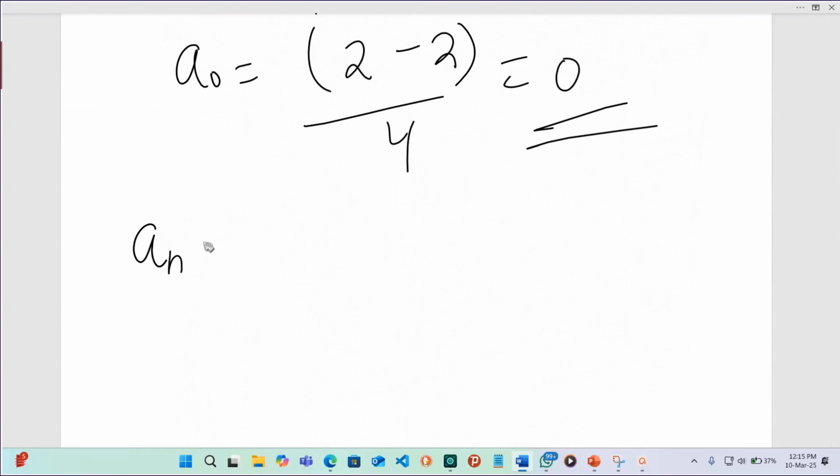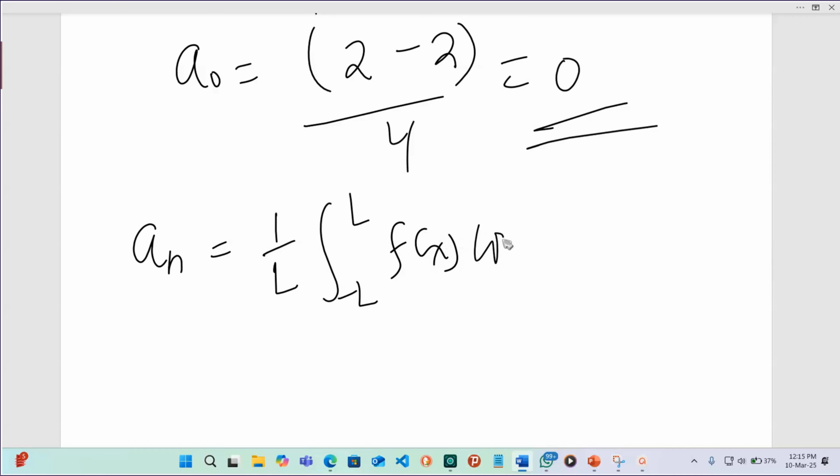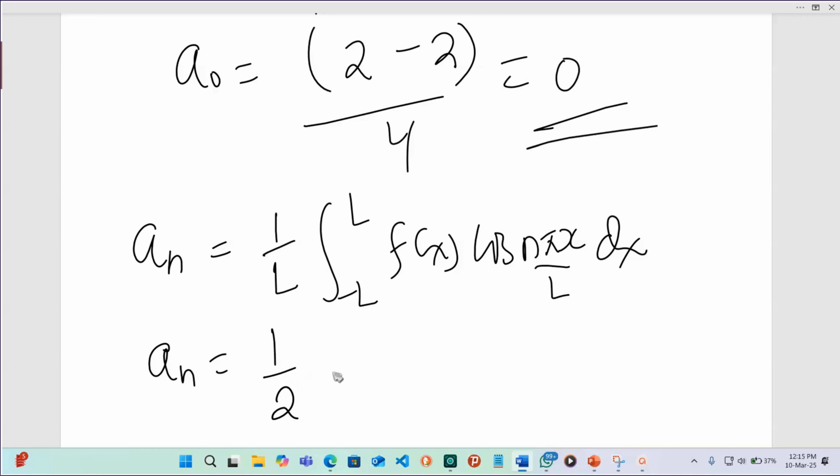Let's look for a sub n. A sub n is also going to be 1 over r, integrating from negative r to r, f of x cos n pi x over r with respect to x. So a sub n is equal to 1 over 2.